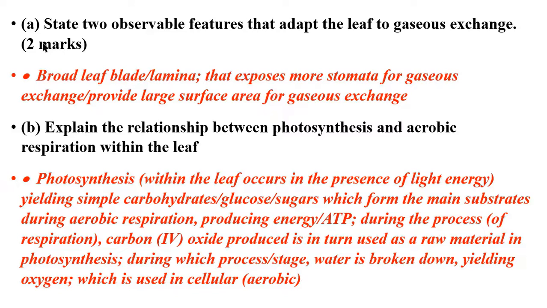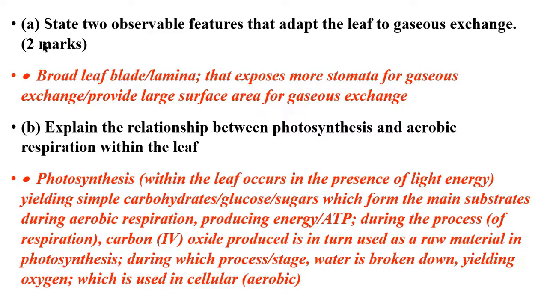During respiration, carbon dioxide is produced, which is in turn used as a raw material in photosynthesis. During photosynthesis, water is also broken down and yields oxygen, which is used in cellular aerobic respiration.